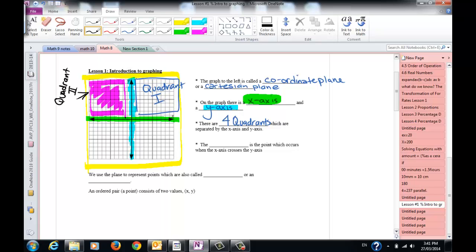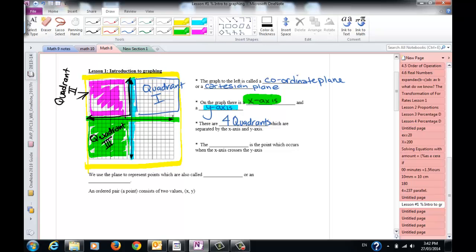Okay, and notice that it is separated. We've got the y-axis on the vertical side here, and on the horizontal we've got the x-axis, and that's what I mean when I say I'm separating them. And then we've got quadrant 3. It's separated by the x-axis and the y-axis, so it's this little green box here.